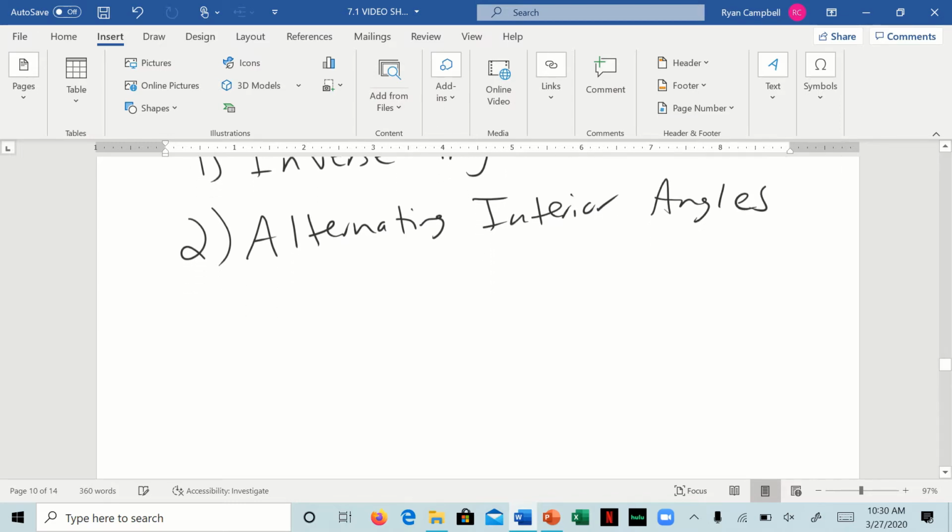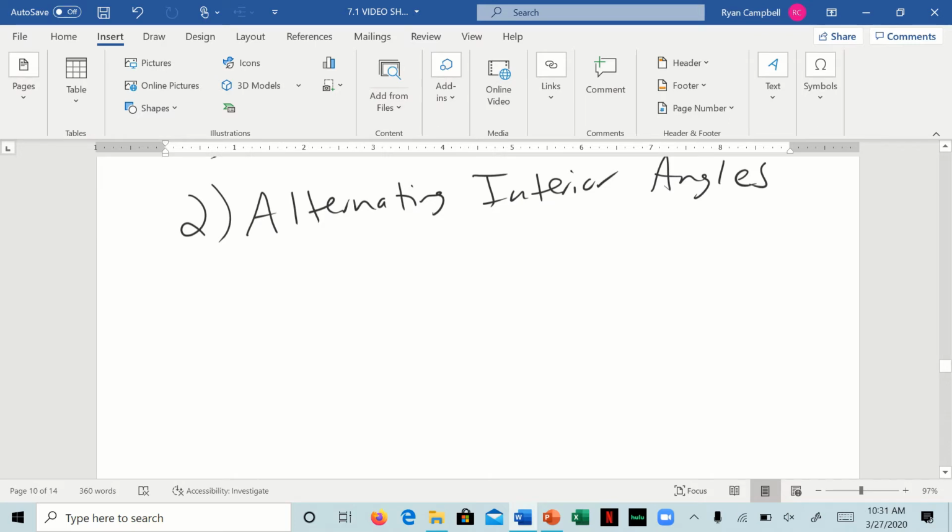Now, what are alternating interior angles? If we go all the way back to geometry, remember, if you have two lines that are parallel and they are crossed by a line called a transversal, not super important, but that's called a transversal line, there are lots of angles that are created. The ones that we need to look at specifically are the alternating ones, so they go on opposite sides of the transversal.